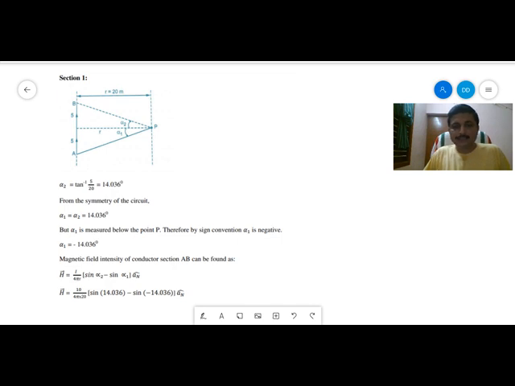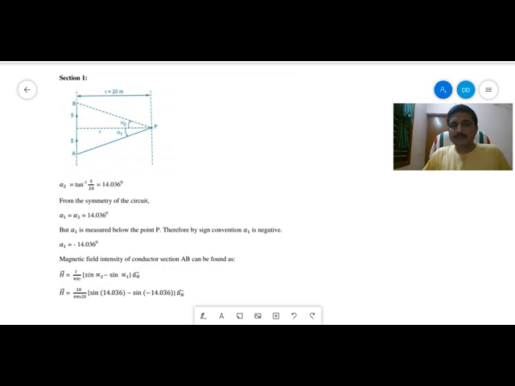The magnetic field intensity for such a case is given by I divided by 4 pi r, times sin alpha 2 minus sin alpha 1, in some direction. Here I is the current flowing through the line segment, r is the distance between the conductor and the point, and alpha 2 and alpha 1 are the angles subtended by the lines joining the two ends of the conductor.